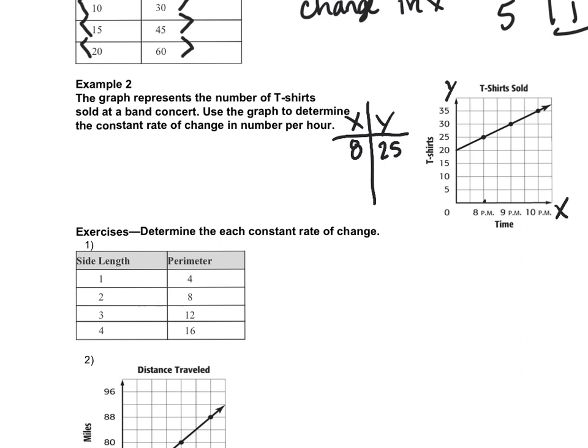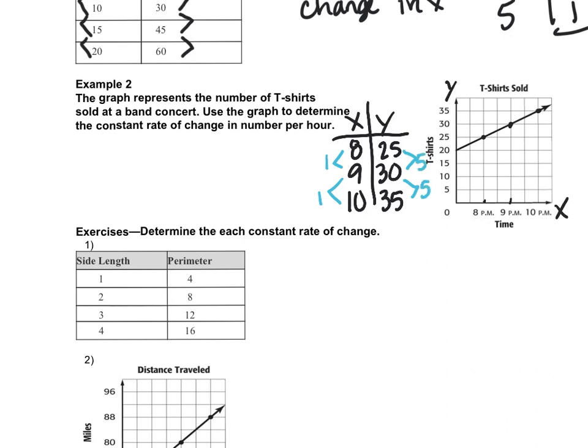At 9 p.m. there are 30 t-shirts sold. And at 10 p.m. there are 35 t-shirts sold. So the change that's happening here is increasing at 5 t-shirts per 1 hour.